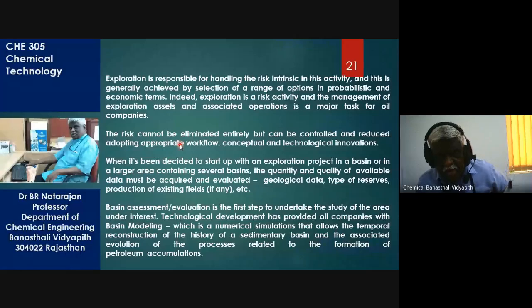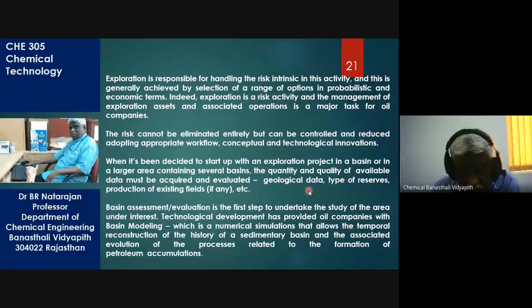When it has been decided to start an exploration project in a basin or a large area consisting of several basins, the quantity and quality of available data must be acquired and evaluated. You have geological data, types of reserves, production of existing fields, if any, etc. Basin assessment evaluation is the first step to undertake the study of the area under interest.